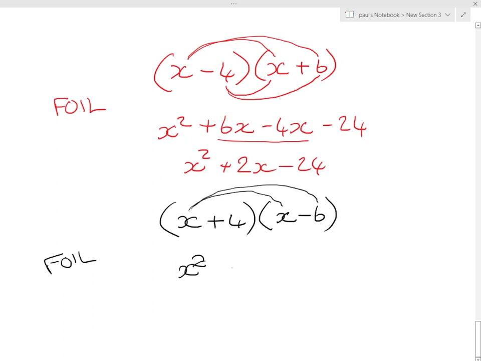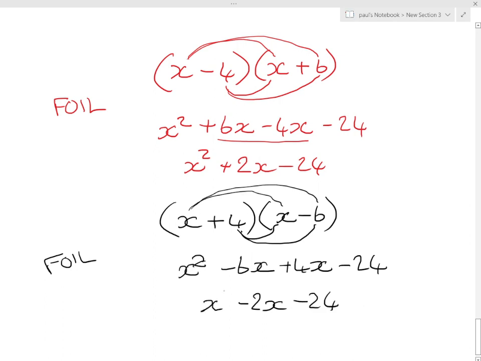Outside, x times minus 6 is minus 6x. Inside, 4 times x is plus 4x. And last is 4 times minus 6, which is minus 24 again. Now the difference here between the red one and the black one is the minus and the plus are the other way around. So we've got plus 4 minus 6, which makes minus 2x, minus 24 and x squared.